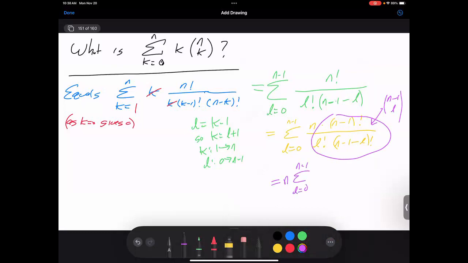I can pull out the n, and it's just going to be n minus 1 choose L. And so that's just n times 1 plus 1 to the n minus 1, by the binomial theorem. And so that's just n times 2 to the n minus 1.